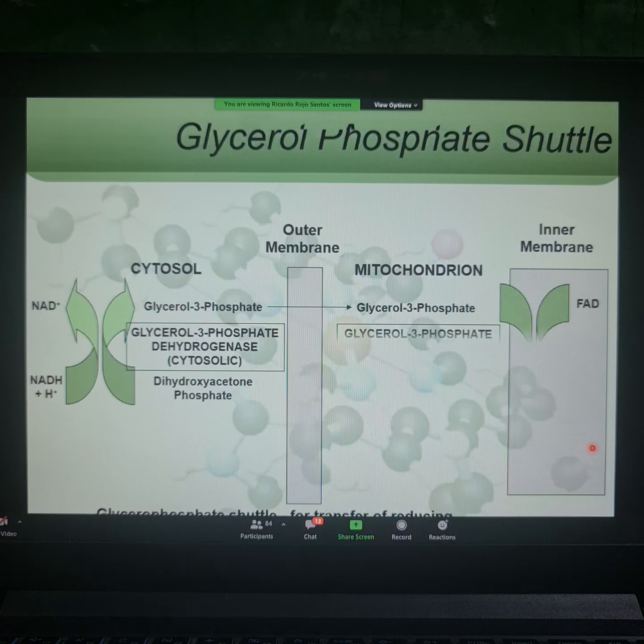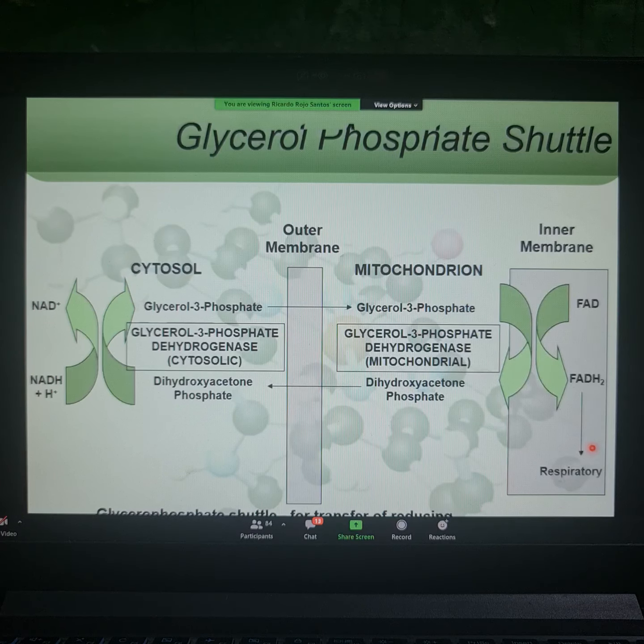Now, another shuttle mechanism which is primarily used by the skeletal muscle, and this is the glycerol phosphate shuttle. This is the NADH that we generated, okay, in the glyceraldehyde 3-phosphate dehydrogenase reaction.